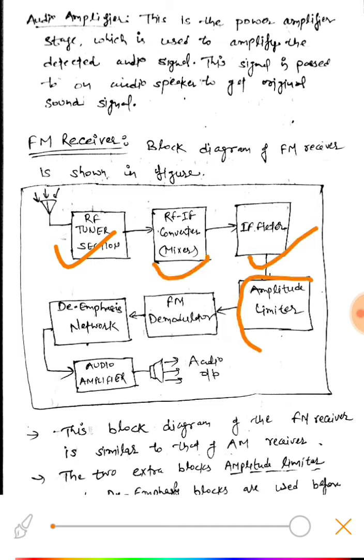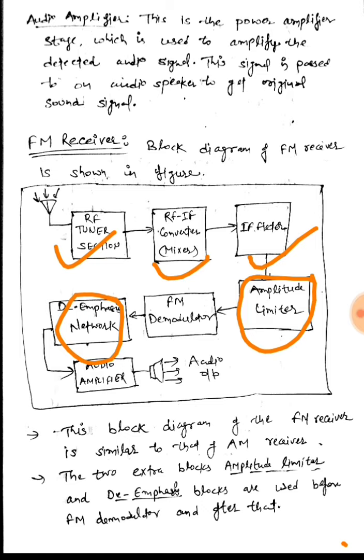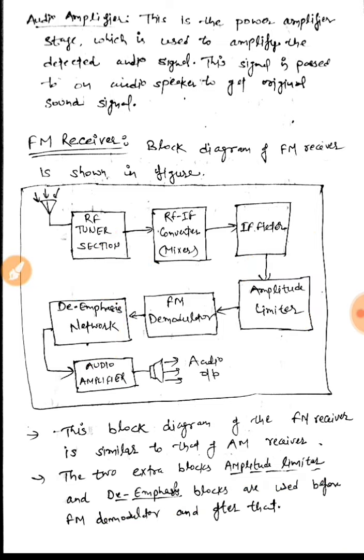There are two extra blocks, an amplitude limiter and a de-emphasis network, when compared to the amplitude modulated receiver. So this block diagram of the FM receiver is similar to that of the AM receiver, with two extra blocks. Let's see what the functions of them are.